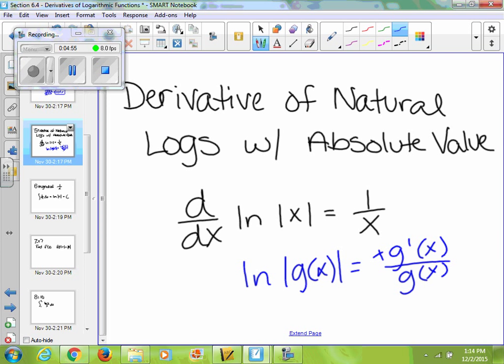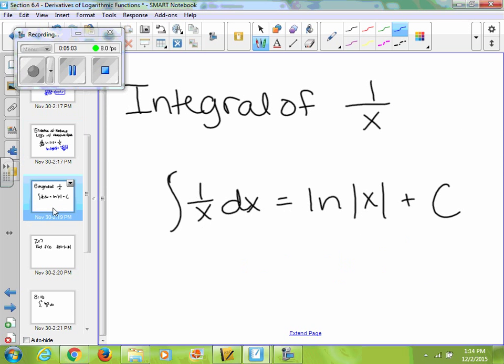Oh yeah, sorry, that's a plus. And then the second part of that is that the integral of 1 over x is equal to the natural log absolute value of x plus c.